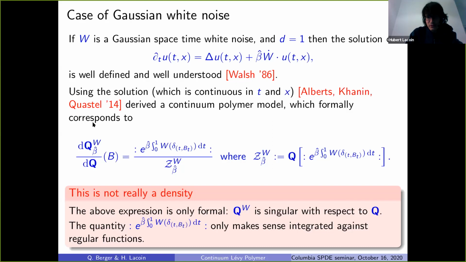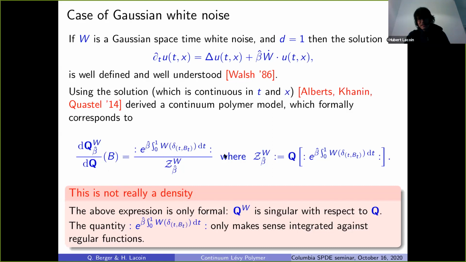You can write the object they constructed as follows: this continuum polymer measure in Gaussian white noise has a formal density with respect to Lebesgue measure, given by the exponential of the white noise integrated along the graph of the trajectory of your Brownian motion.